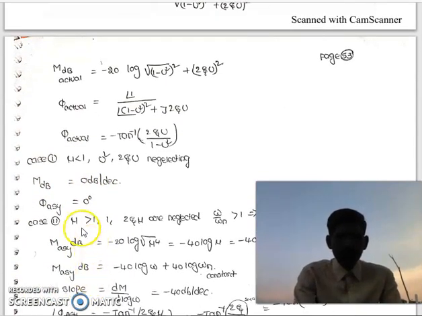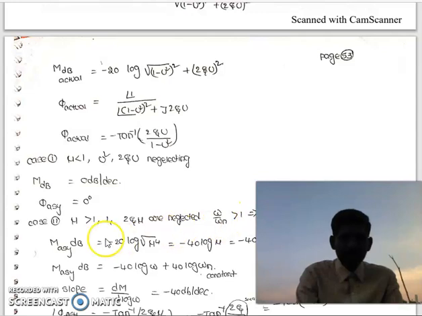Case 2, when u is greater than 1, 2 zeta u can be neglected. When these two are neglected, we can write omega by omega n is greater than 1, that is, omega is greater than omega n. Asymptotic magnitude in dB equal to minus 20 log of under root of u to the power of 4.